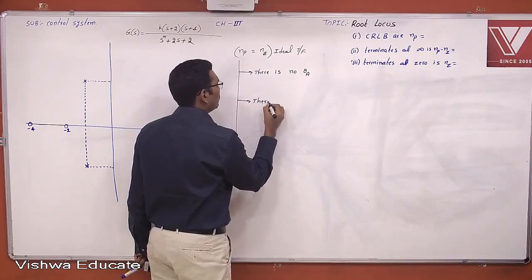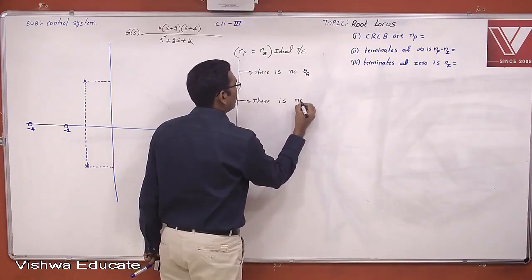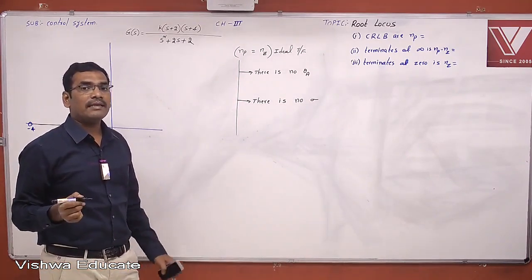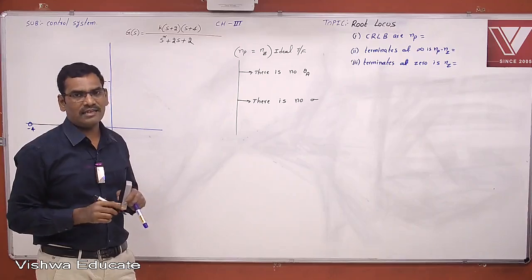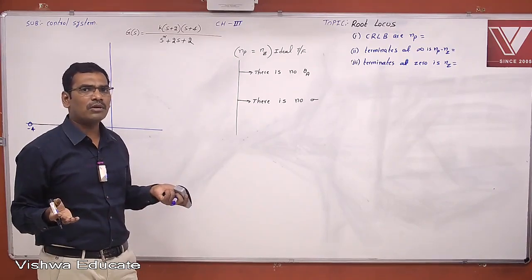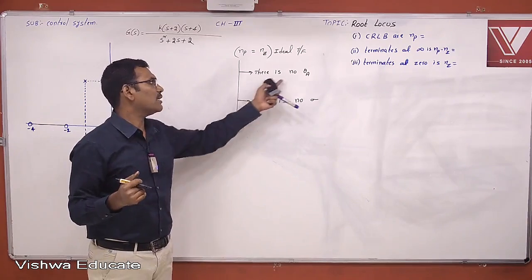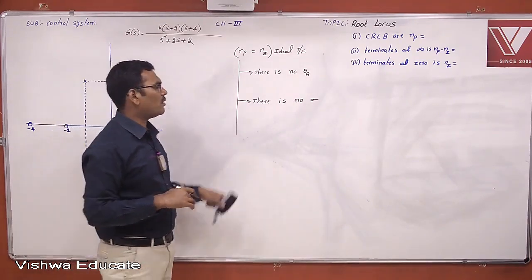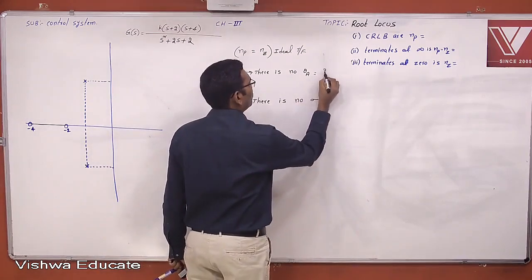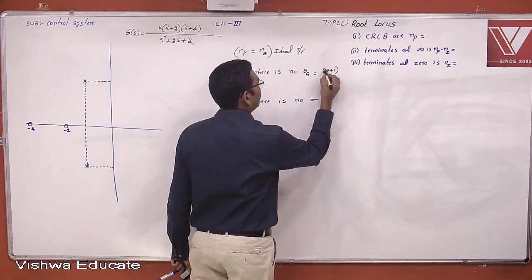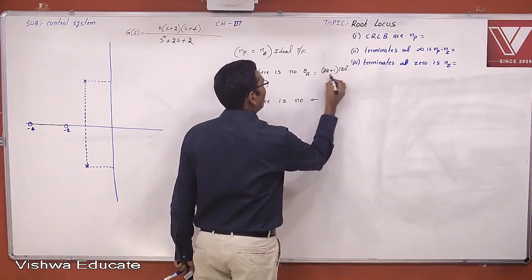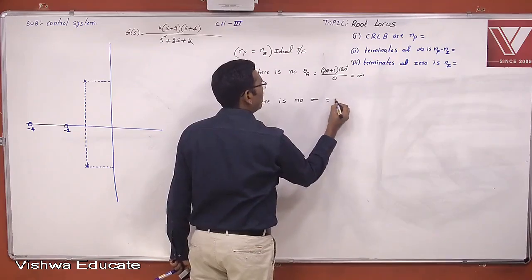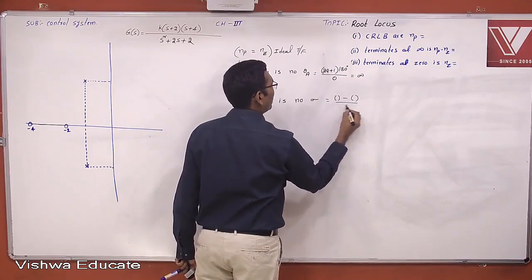There is no centroid. If the angle of asymptotes were available, then we could guess the shape of the root locus diagram. But there is no shape, I cannot guess, because there is no angle of asymptote. If there is no angle of asymptote, there is no centroid, because (2q+1)×180 degrees/(NP−NZ) is something by 0, which is infinity: some poles minus some zeros by 0.